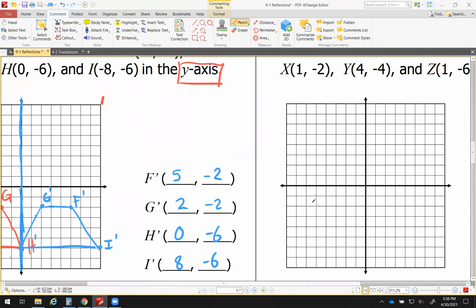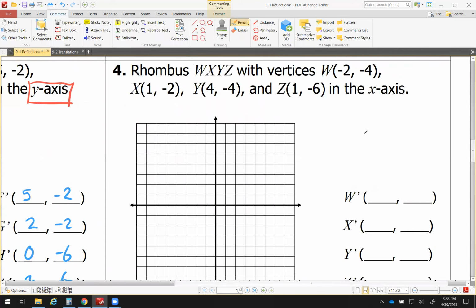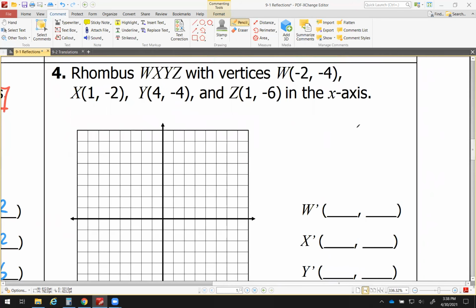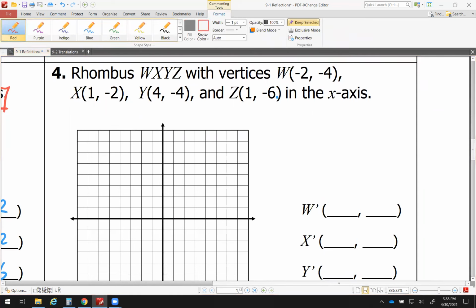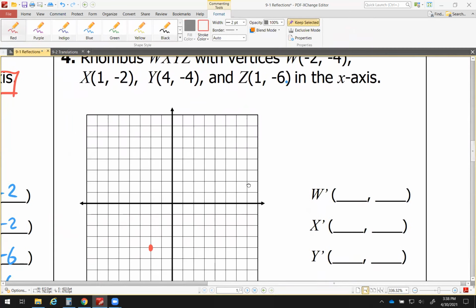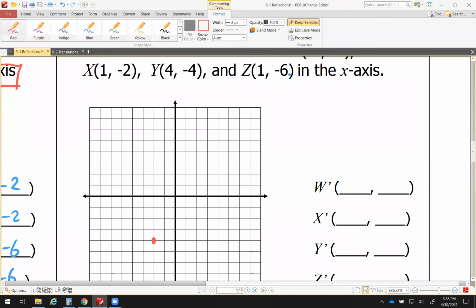All right. Moving right along, we'll do one more across the axes, then we'll do some arbitrary lines. So for number 4, rhombus WXYZ with vertices W, -2, -4. That's right there. X is 1, -2.